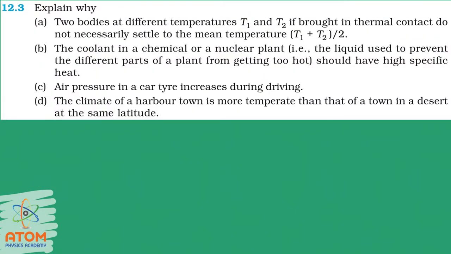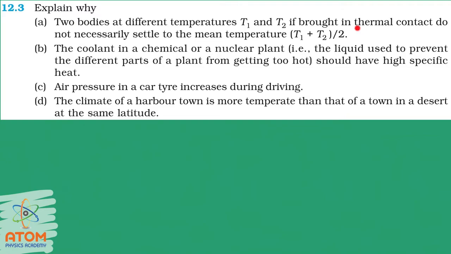Now here is a long question. Question 12.3. Explain why A: two bodies at different temperatures T1 and T2, if brought in thermal contact, do not necessarily settle to the mean temperature (T1 plus T2) by 2. That means, suppose you have two bodies, one at 100 degrees Celsius and another at 0 degrees Celsius.